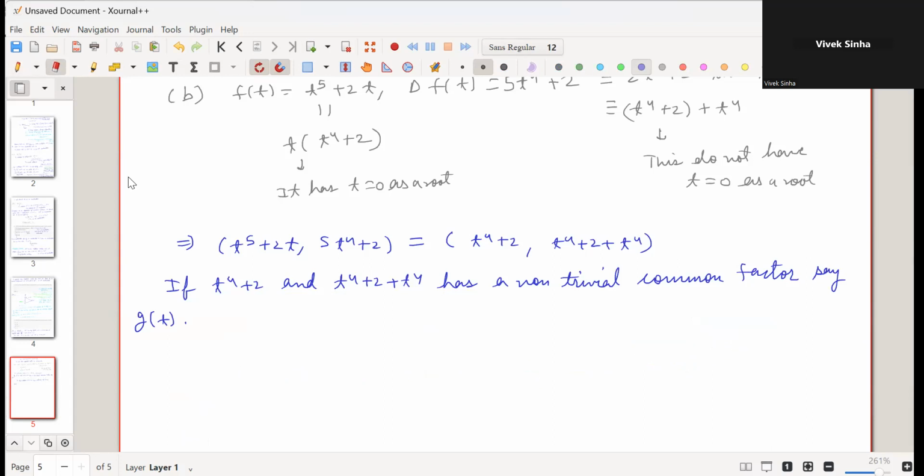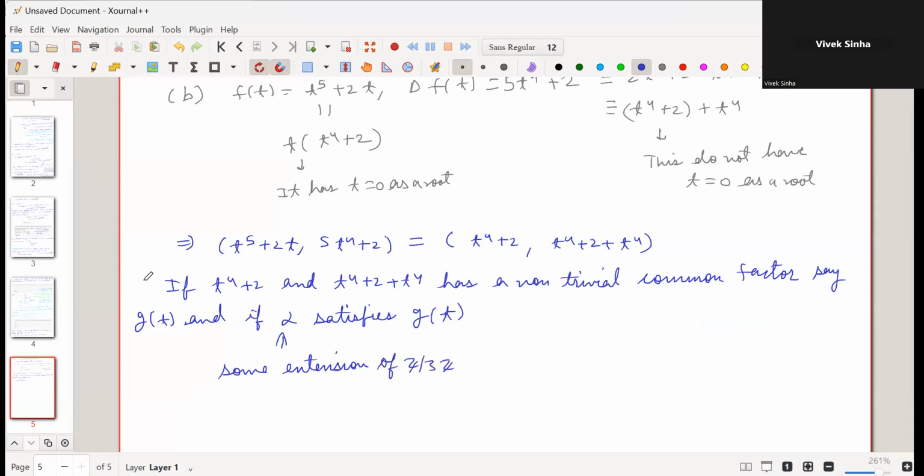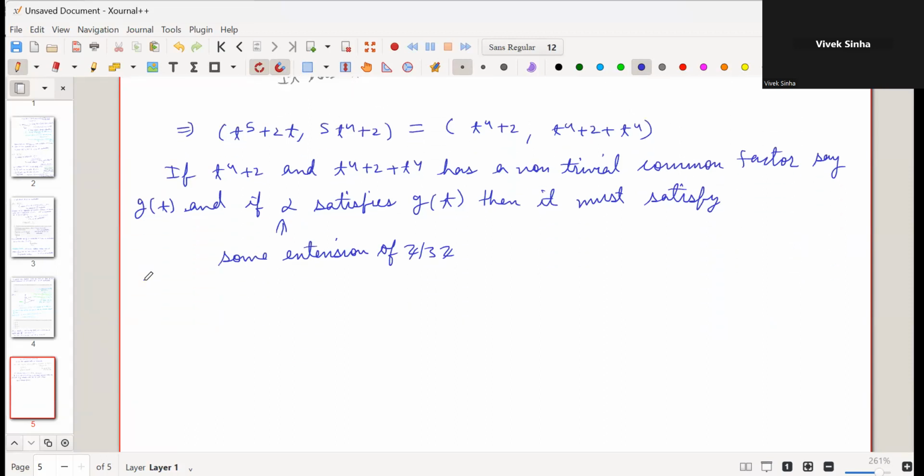And if alpha satisfies g(t), where alpha belongs to some extension of Z mod 3Z, then it must satisfy t4 plus 2 and t4 plus 2 plus t4.